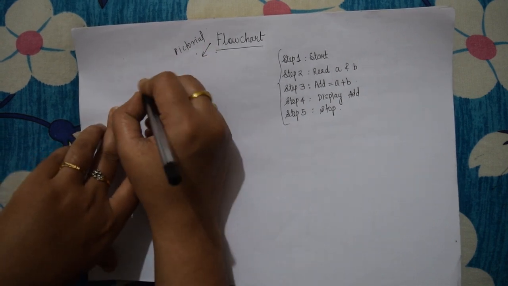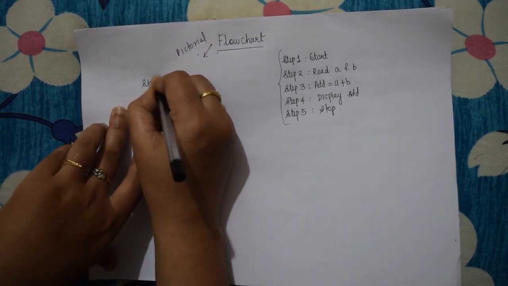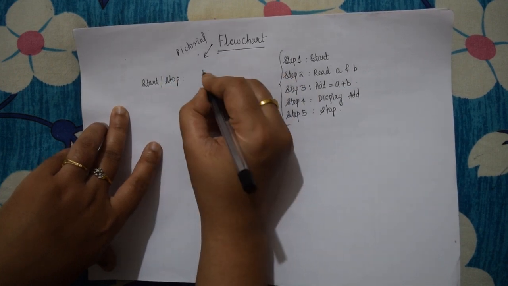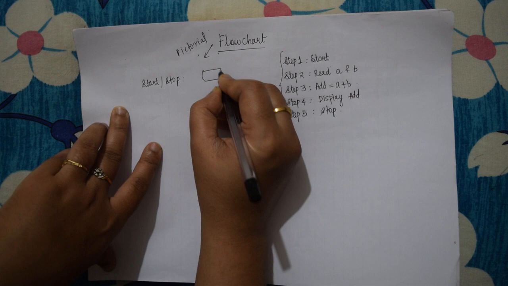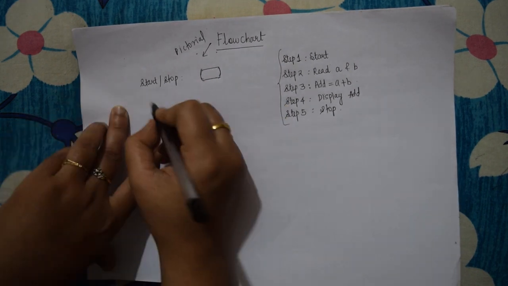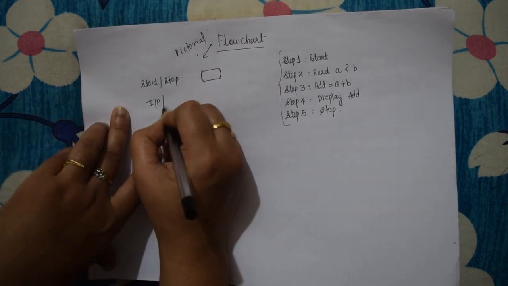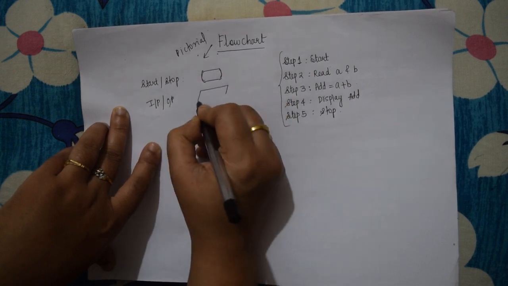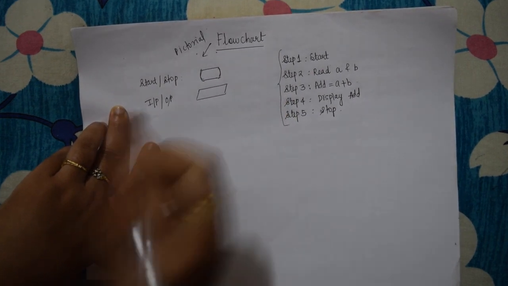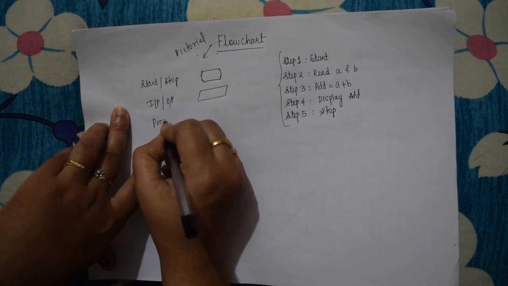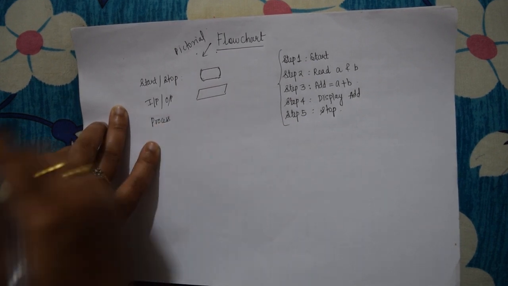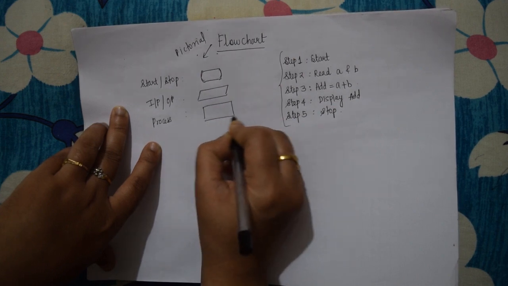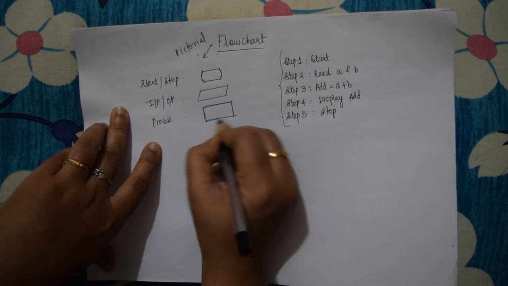Okay, so for start or stop, this symbol is used. Now to take input or to display output, this symbol is used. For process, when you are performing operations, this rectangle is used.